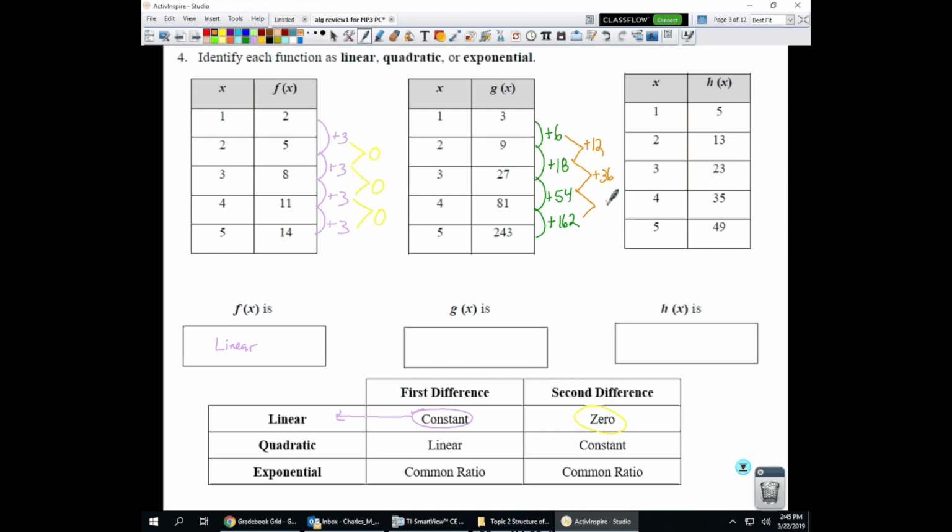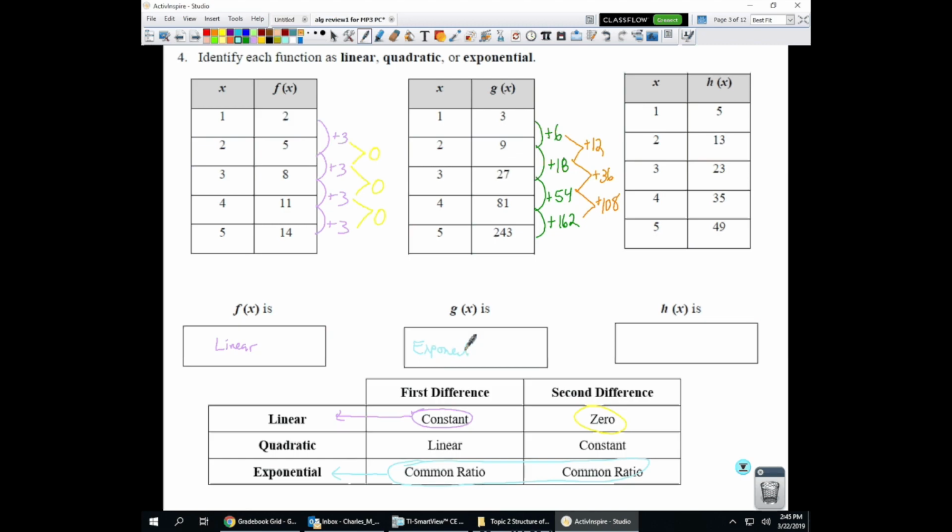And 54 to 162 goes up 108. So in both the first and second differences here, what I see is a common ratio. So either the first or second difference showing a common ratio means this pattern is exponential.